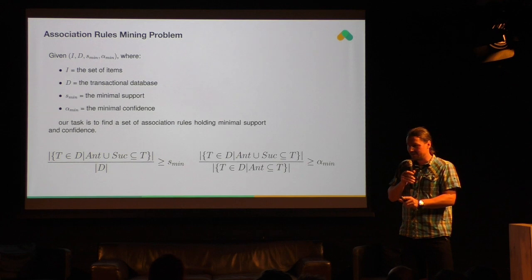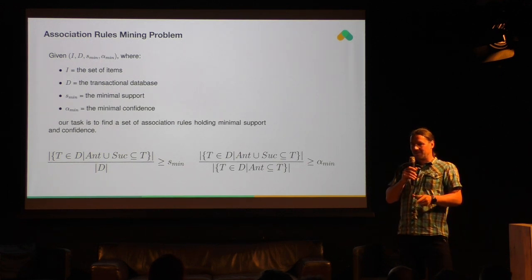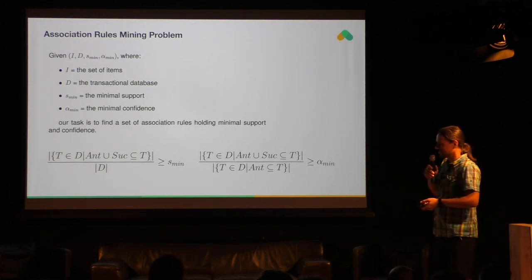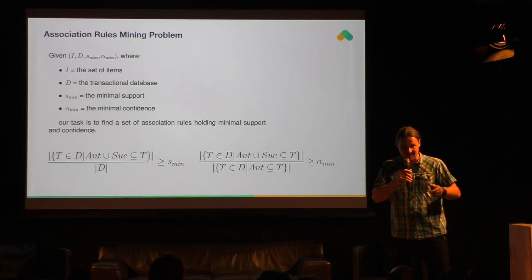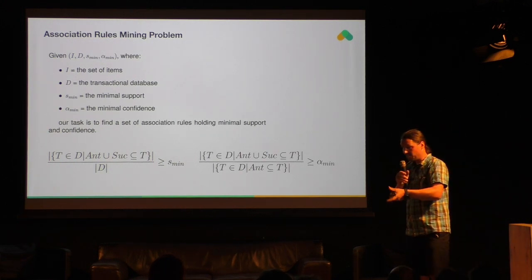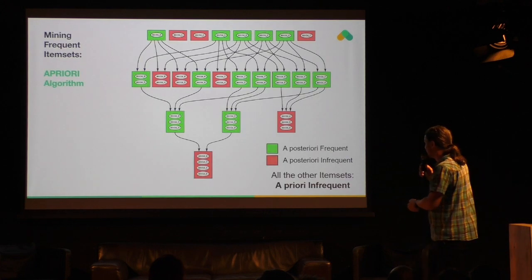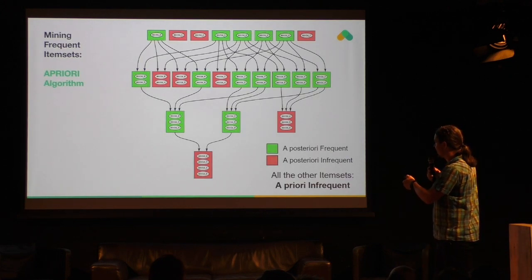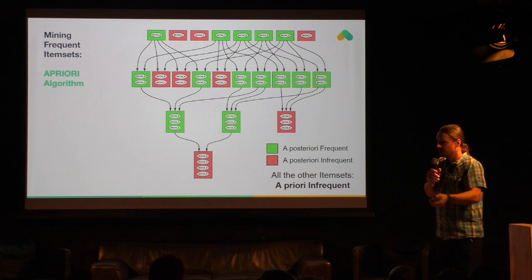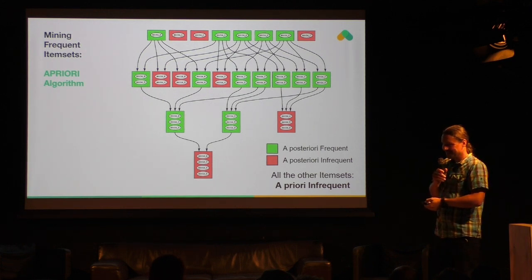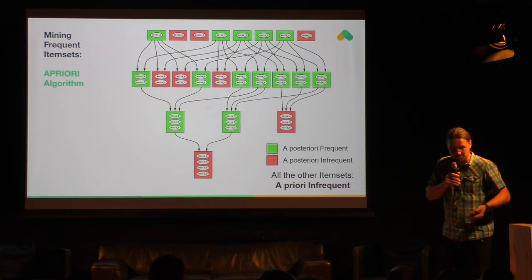And confidence is how many times the rule is valid, and how many times it is not valid. You can use so-called minimal support and minimal confidence to extract these rules.